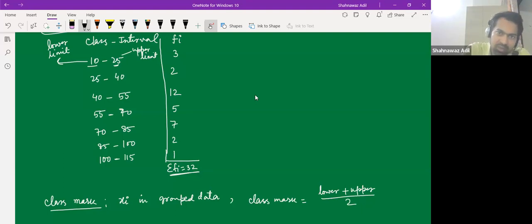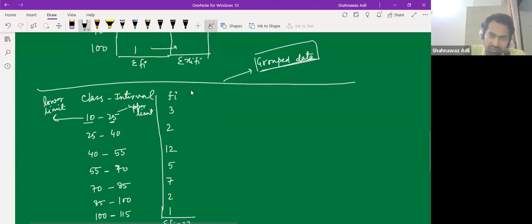So xi would be how much? 30 plus 25, 35 by 2 is how much? 17.5. Right? And then 25 plus 40. So this is how much? 65. Right? So 65 by 2 is how much? 32.5.